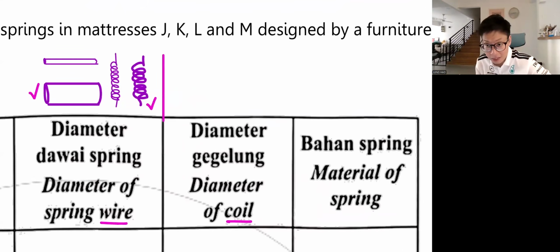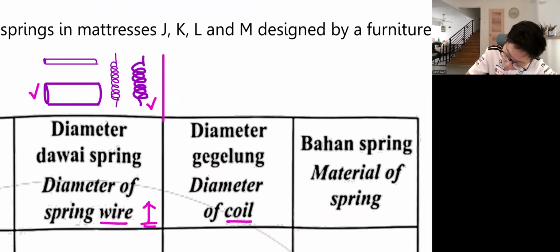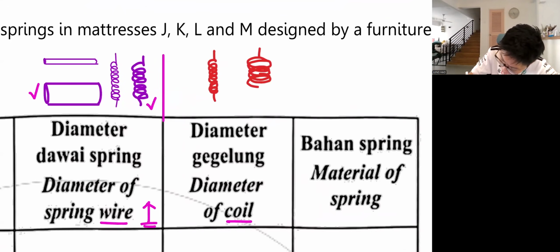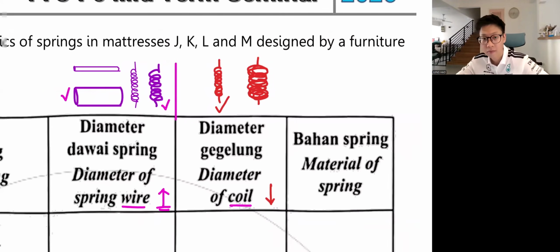Okay, what about the diameter of the coil? The diameter of spring wire is larger, higher. The diameter of the coil is now talking about this. One, you have a very tiny coil. One, you have a very, very big coil. So which one is better? Of course, the small diameter is better.